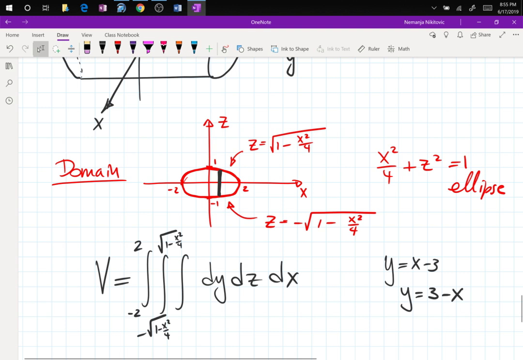Y, 3 minus x and x minus 3, yeah. So which one would you put on top and why?